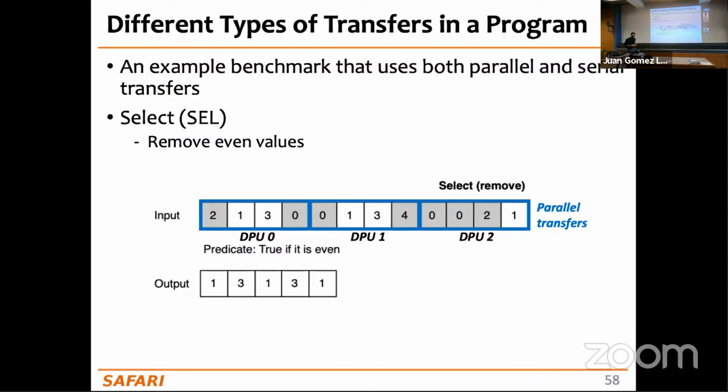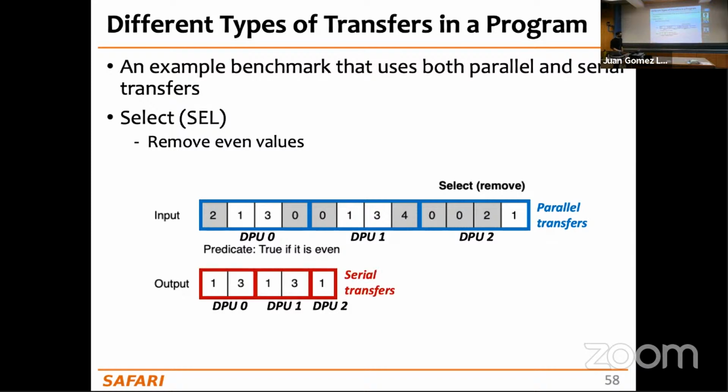But then the output depends on the values of the input. If you look at this chunk, you will see that there are 2 even values that we remove, so we only copy these 2 to the output, while here only one of the 4 values is odd, and that's the only one that we are copying.